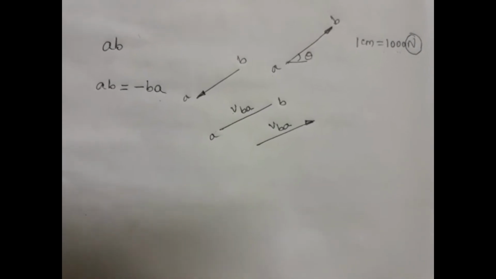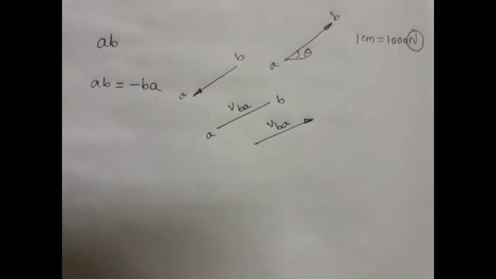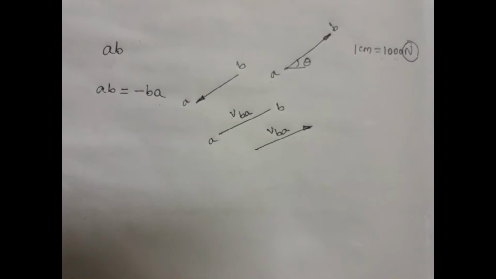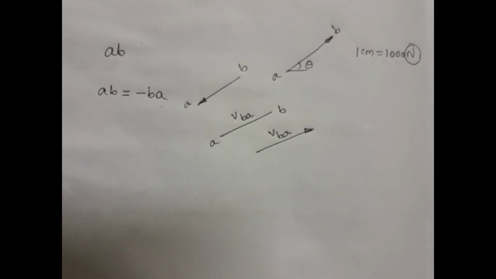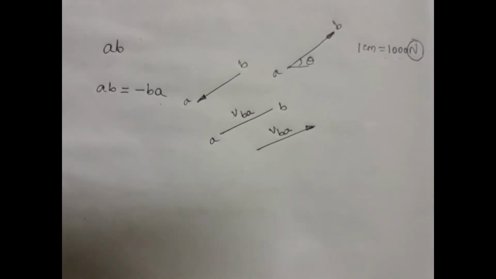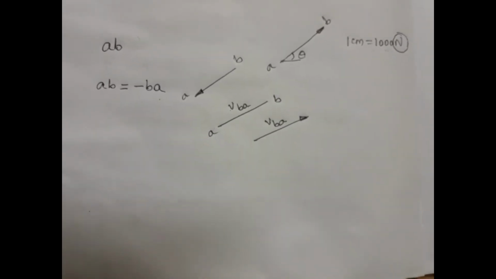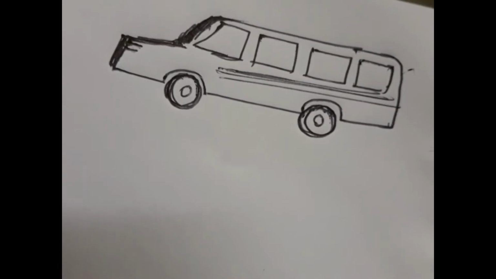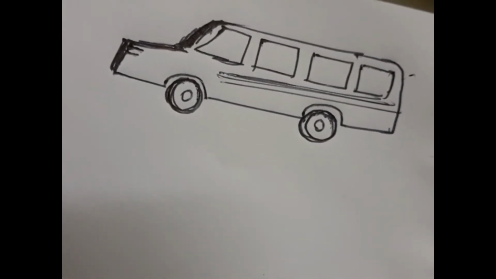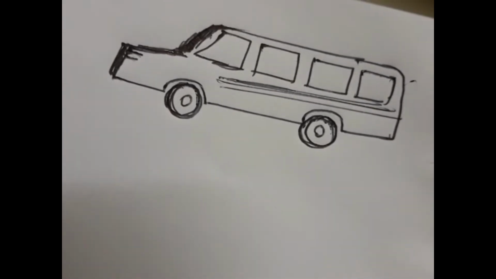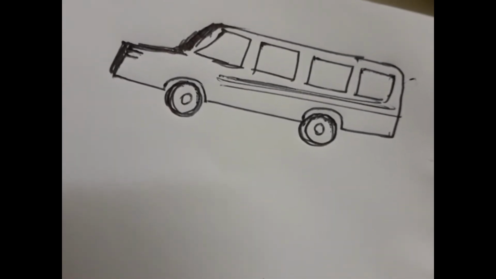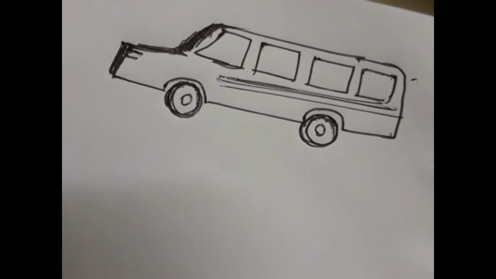But generally, we take Earth as a fixed reference plane, and every motion relative to Earth is termed as an absolute motion. Now, let us consider a case where this van moves in a particular direction, then the motion of this van is referred to as the absolute motion of the van, or the motion of the van relative to Earth.